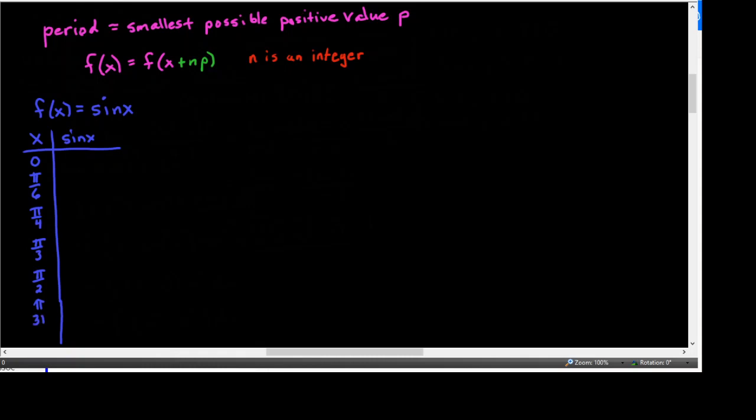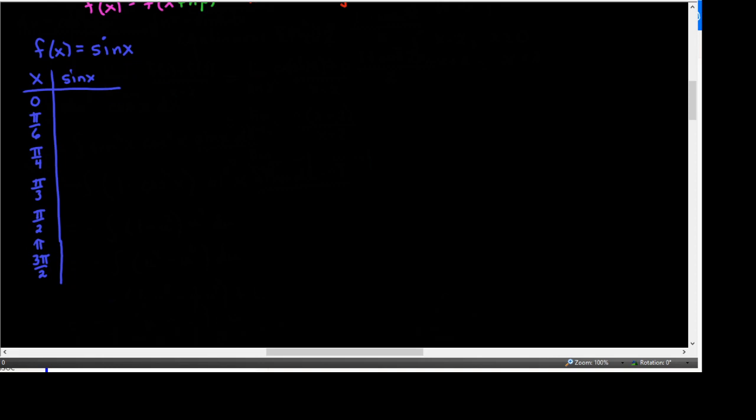You might notice here that in my table, I have quite a few in the first quadrant, almost all of our special angles. And then after the first quadrant, we know that using reference triangles, we'll get the same answers, although they might be negative instead of positive, but they're the same numbers. And we can use that fact to help graph this pretty well.